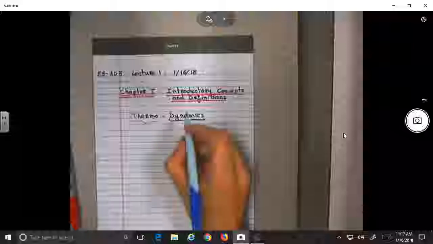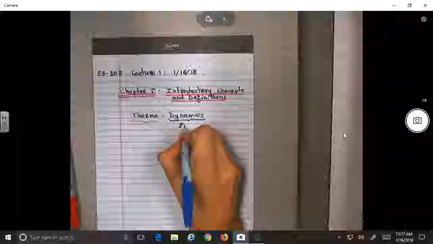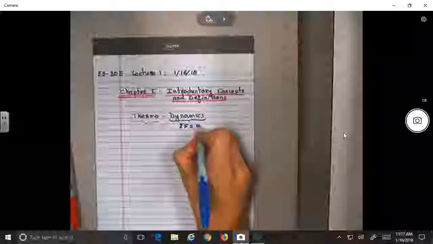What would be that equation? Summation of forces equals to ma. All right? And then thermo is related to what? To heat, which generally the symbol used for heat is the letter Q.